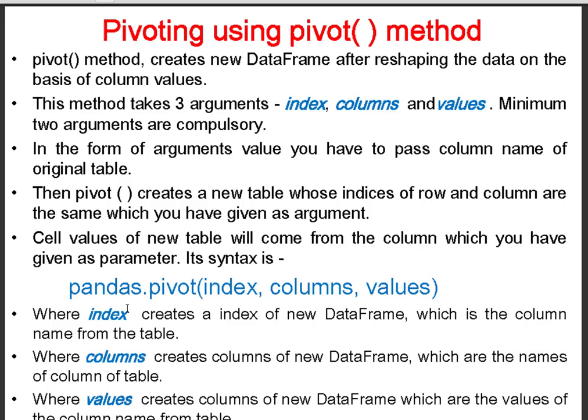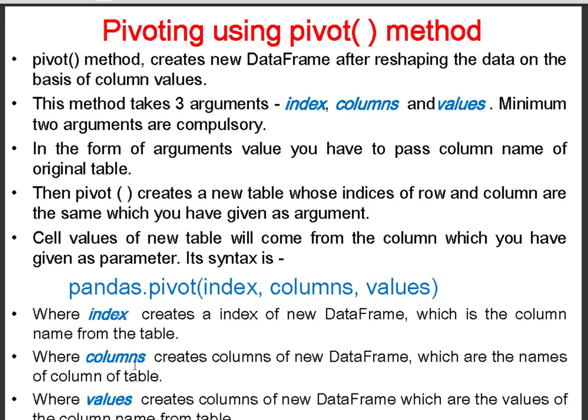We have the data frame df, so we place df.pivot and then these three parameters. What is the index? The index creates the index of the new data frame, which is a column name from the table.